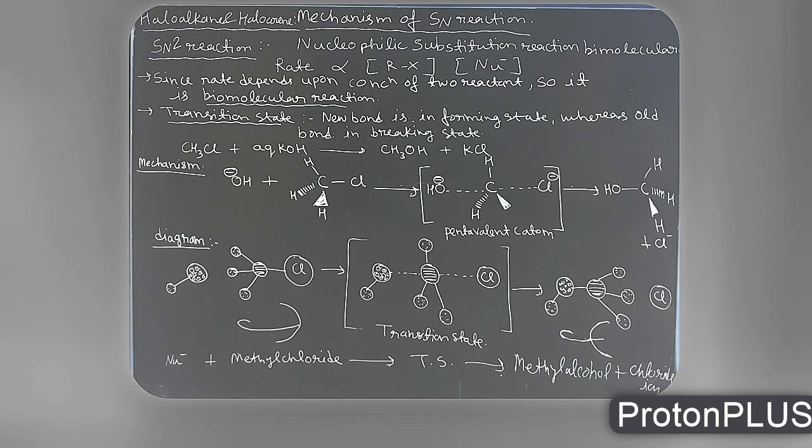As the oxygen atom of the nucleophile approaches the receptor carbon atom of the alkyl halide, the hydrogen atoms attached to this carbon atom start moving apart from the nucleophile so that the nucleophilic approach to this carbon atom is feasible, and ultimately they become planar as shown in this state.